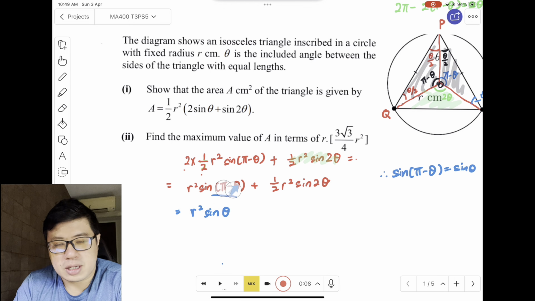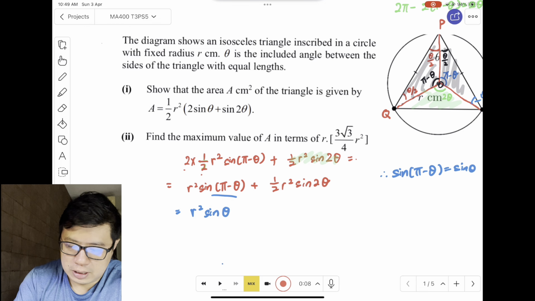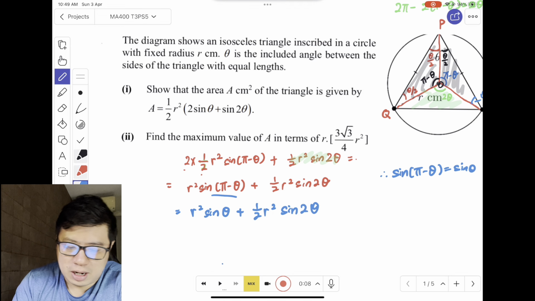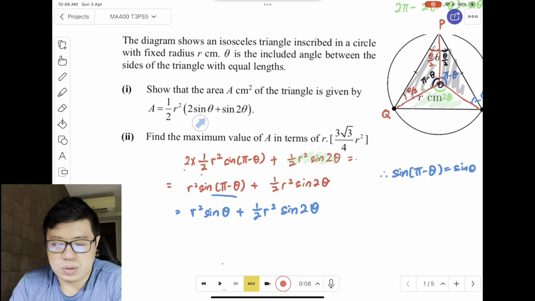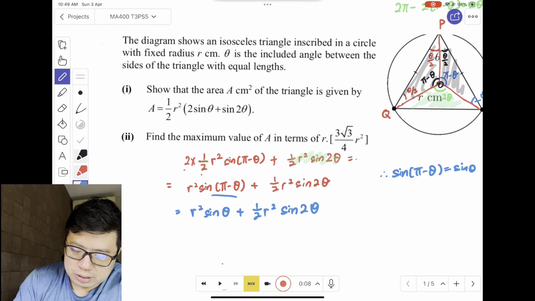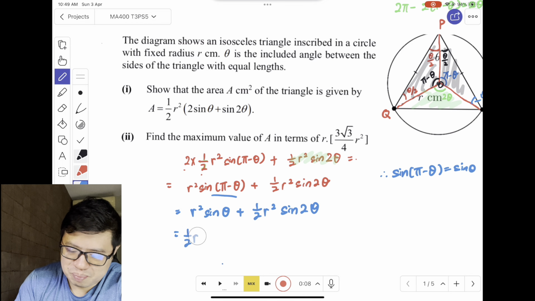And with that, we are almost at the end point already. This is great. A equals half r squared 2 sine theta plus half r squared sine 2 theta. If I pull out half r squared, inside I'll have 2 sine theta plus sine 2 theta.